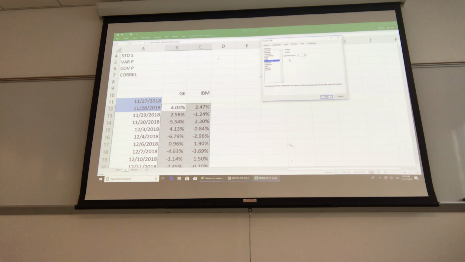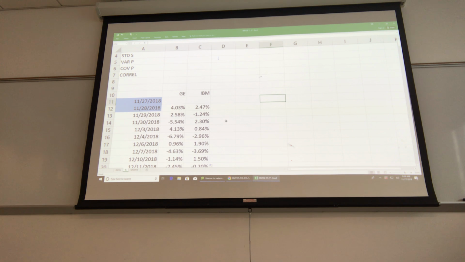I want to format the percentages in such a way that... Alignment, font, borders, fill, protection. Okay, I would leave it like this, but I prefer if it's negative, to be red. What do you have here?